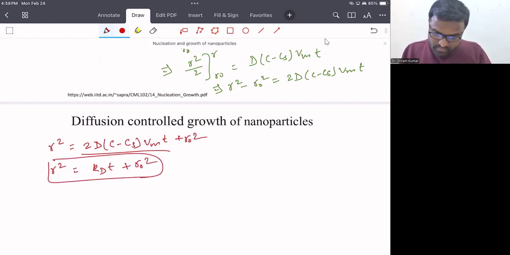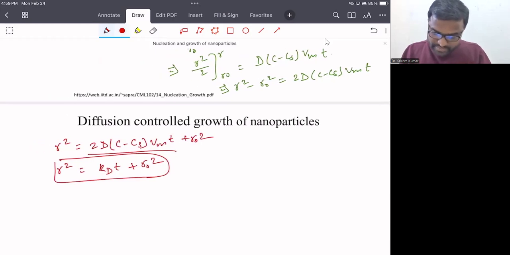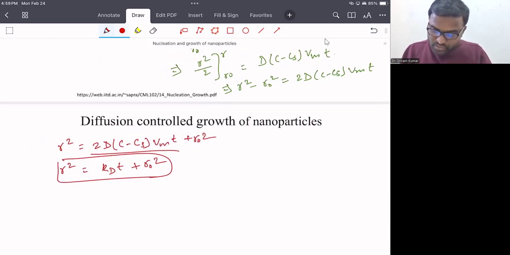This is the size of the nuclei in the diffusion control process.